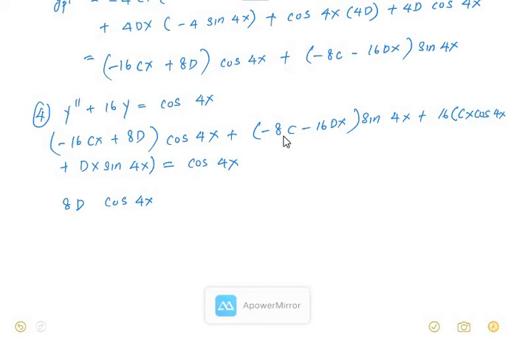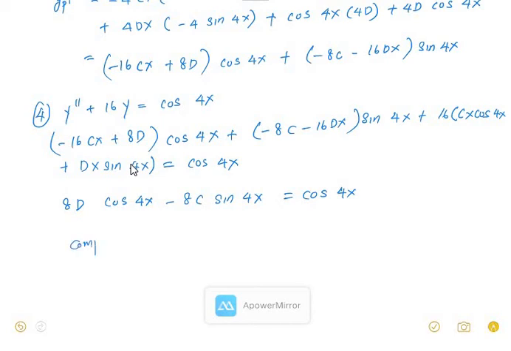And then negative 16c, negative 8c sine 4x. Okay, this one nothing to cancel, so you get negative 8c sine 4x. And then this one, negative 16dx plus with 16dx, cancel out. Then equivalent to cos 4x.